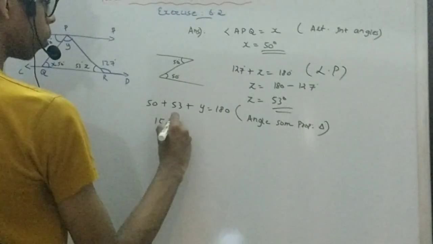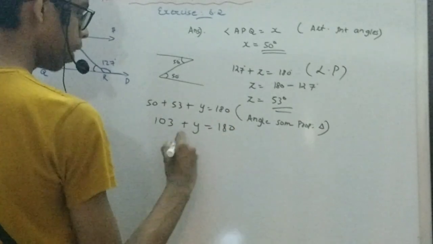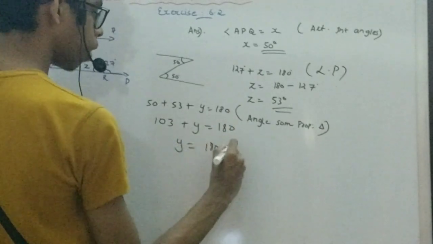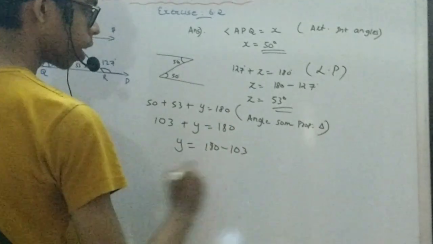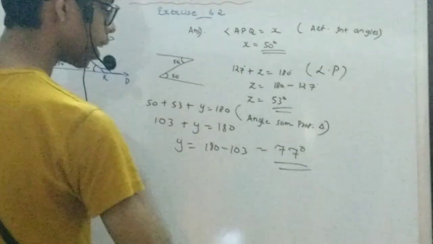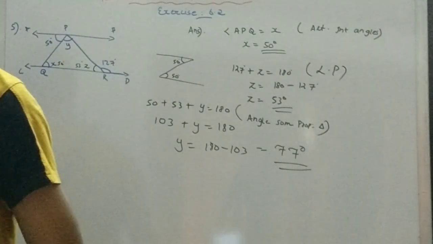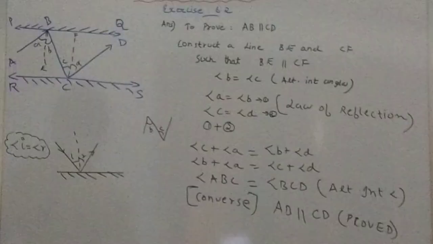This is equal to 103 plus y is equal to 180 degrees. So y is equal to 180 minus 103, which is equal to 77 degrees. So from here we got the value of y is equal to 77 degrees. I hope it is clear.